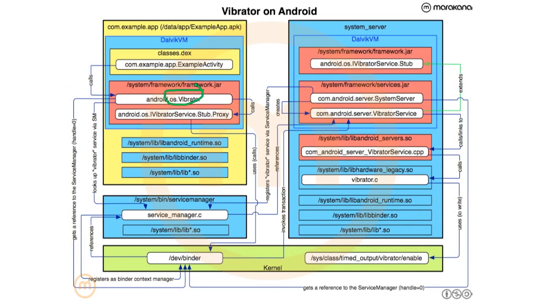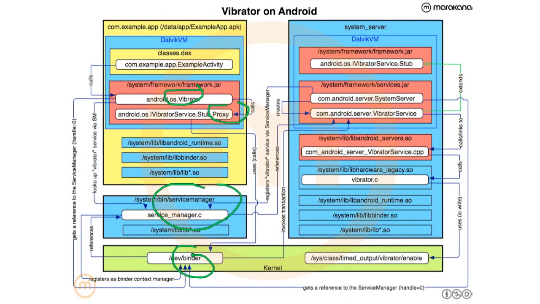To you, it looks like a POJO, but it does a lot of work under the hood. The purpose of the proxy is to convert the Java request into a binder request. The purpose of Service Manager is to facilitate the lookup and the registration of services. The purpose of binder is to facilitate one process calling another process through this kernel driver.